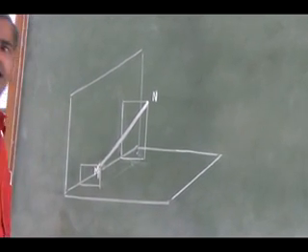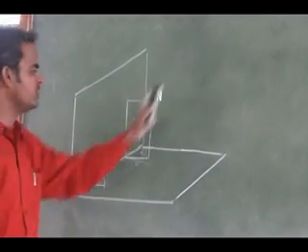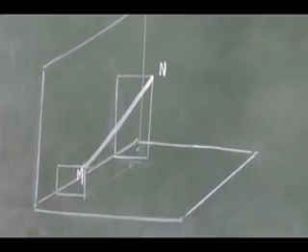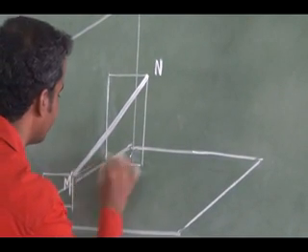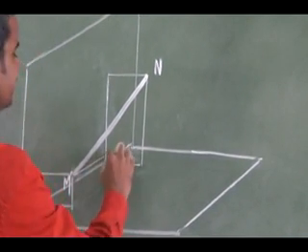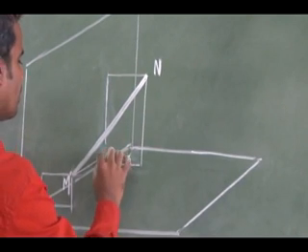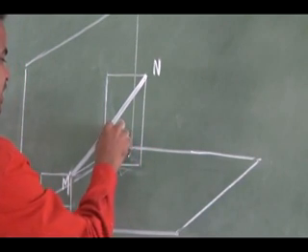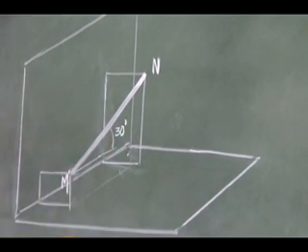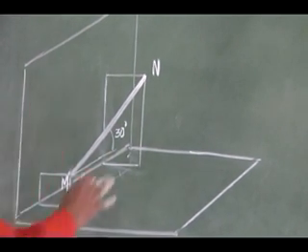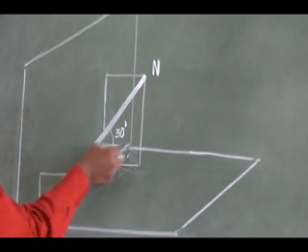See here, listen all of you. This is a line. Okay, actual line MN, it is in capital letters. You see here, it is inclined 30 degree to the horizontal plane. Right.